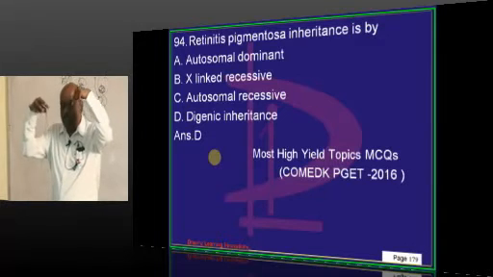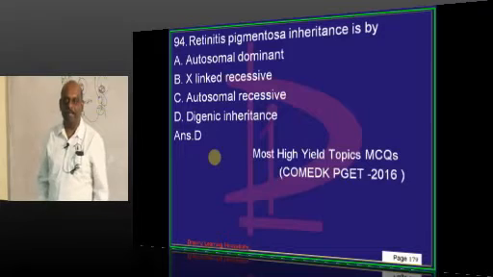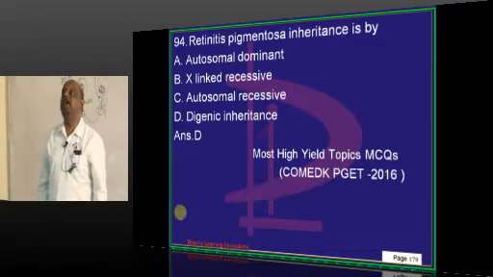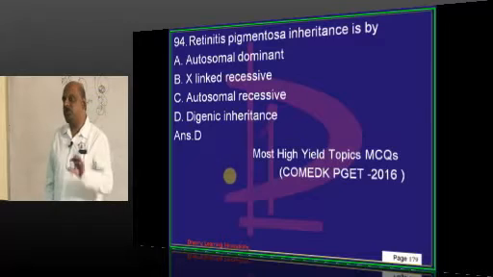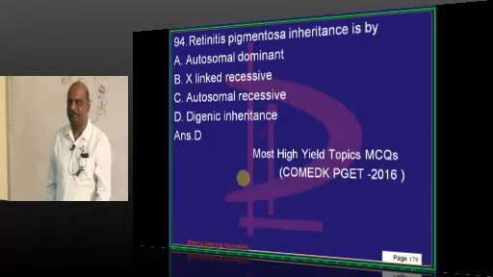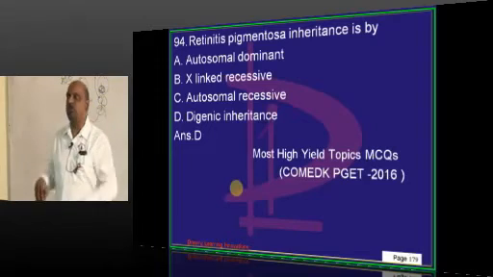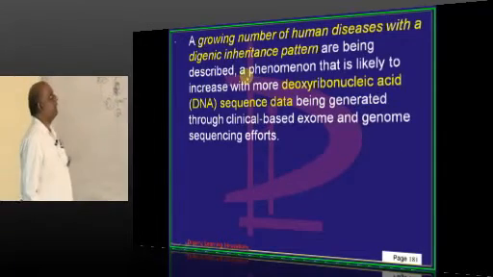Such a type of inheritance decided by 2 alleles of a gene is called diallelic digenic inheritance pattern, which is typical of retinitis pigmentosa. In most of the other conditions, commonly what happens, 1 allele affected also you will get the disease. But here unless the 2 genes are affected you don't get it. That is retinitis pigmentosa.